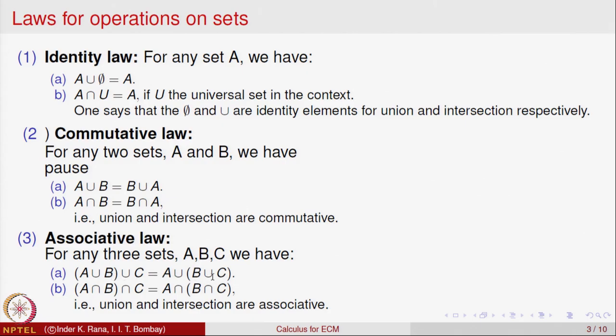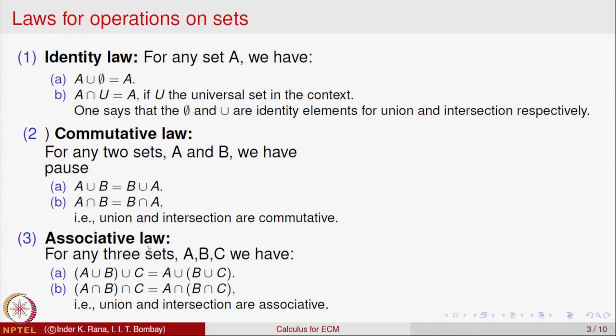So, we will get B union C and then take its union with A. So, both will give you the same result. So, the set is same. So, (A union B) union C is same as A union (B union C). And similarly, for intersection, (A intersection B) intersection C is same as A intersection (B intersection C).